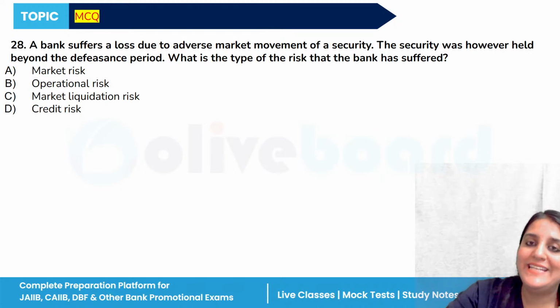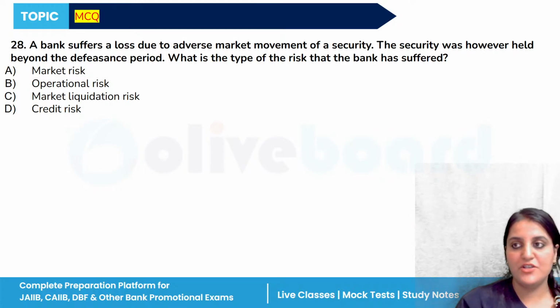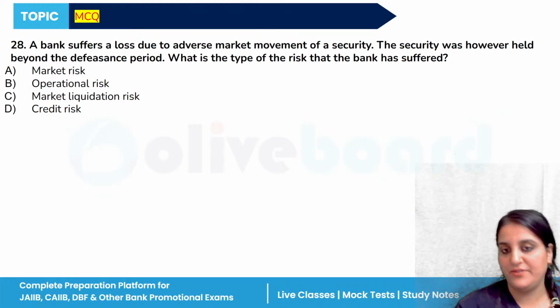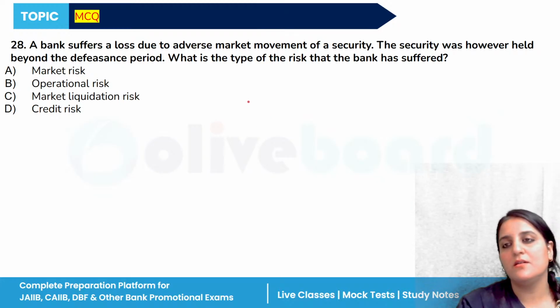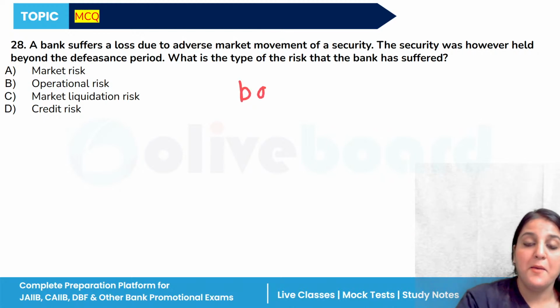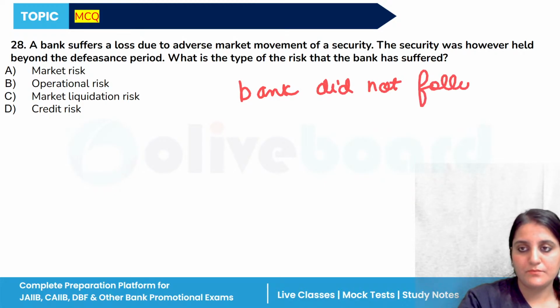See, deficiency period basically refers to the time frame during which a financial obligation or liability is replaced or fulfilled through a process that is known as deficiency. In this we can say that the security was held beyond the deficiency period, which implies that the bank did not follow its internal policies.